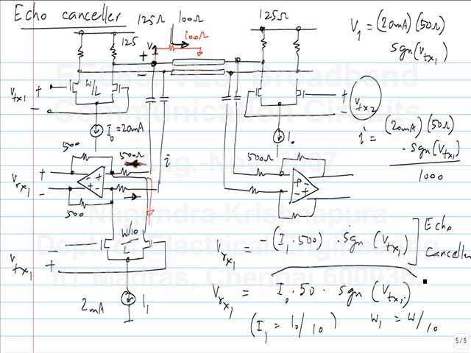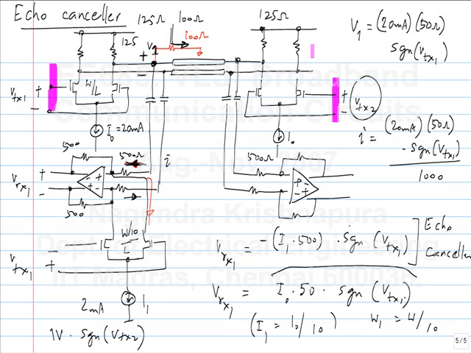Because of VTX2 it will be the same thing except it will be sine of VTX2. So you get 1 volt sine of VTX2 at the receiver.